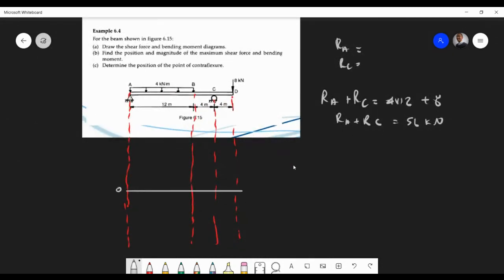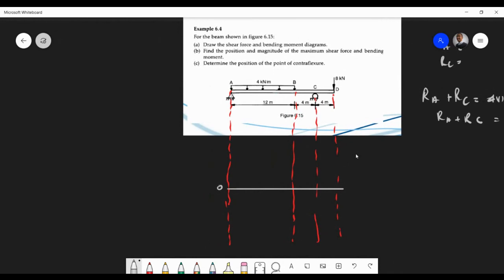Okay, so now we do the same, and walk with me through this. So shear force at A. At A we have one force, that's 28 kilonewtons. At B, what do we have at B?